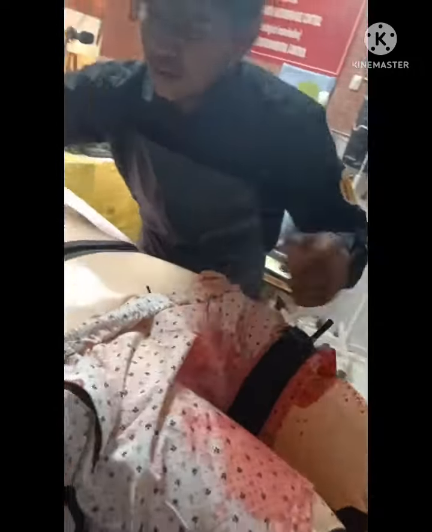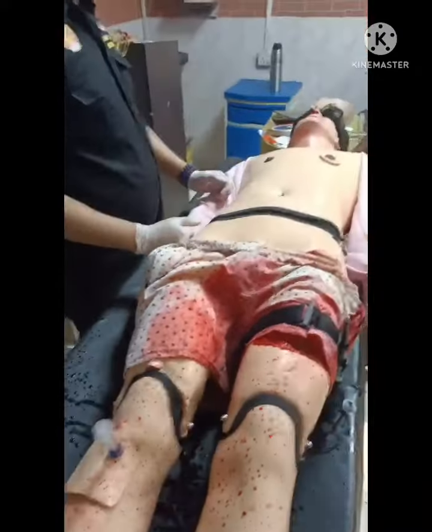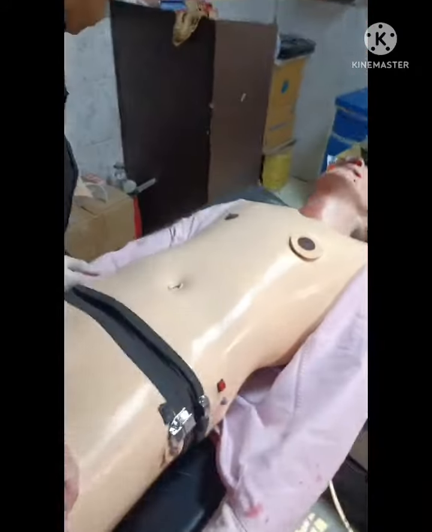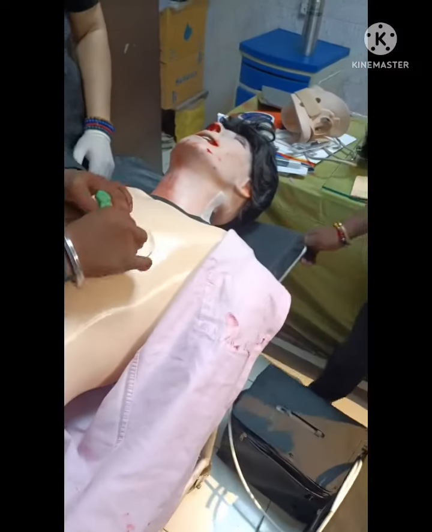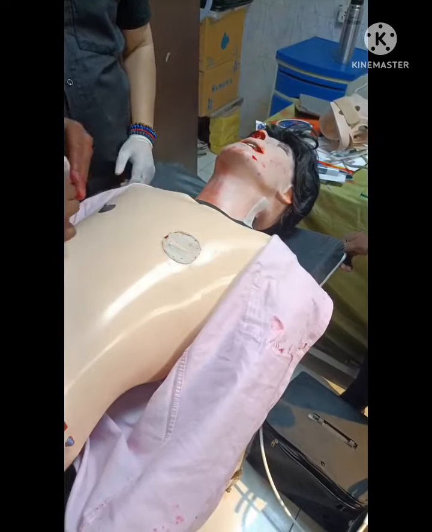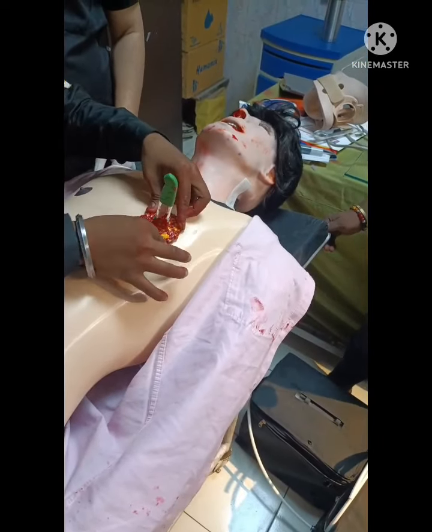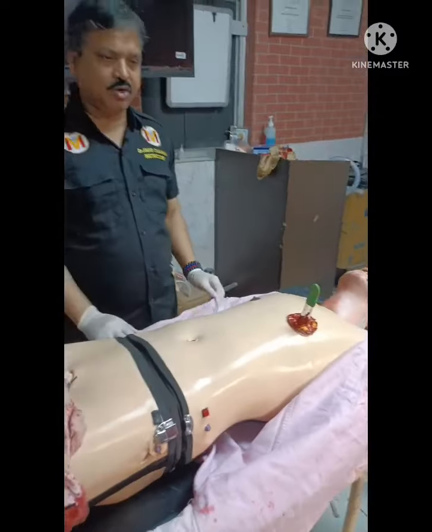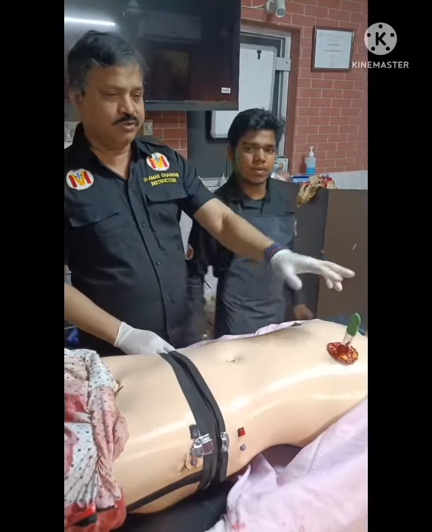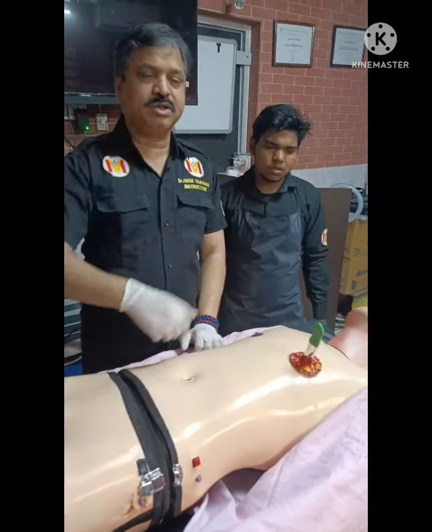Now, if you want to run a stab injury scenario, we can apply this knife. You can run a chest stab injury scenario, and in this scenario, if you do ultrasound, this is what you get on the ultrasound monitor.